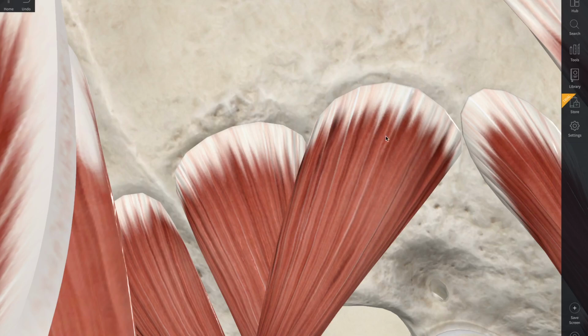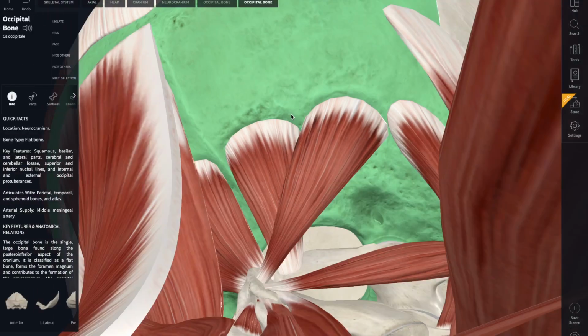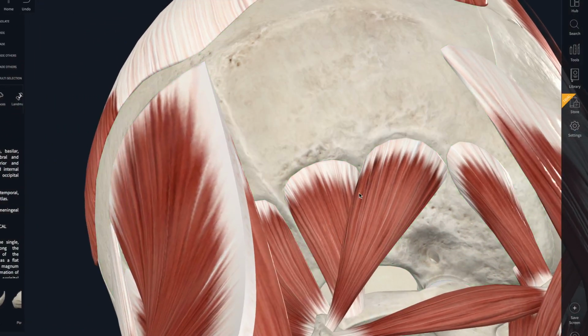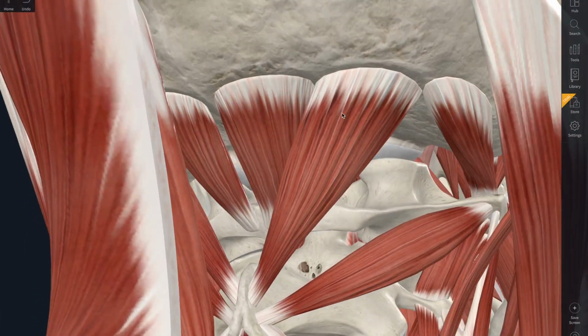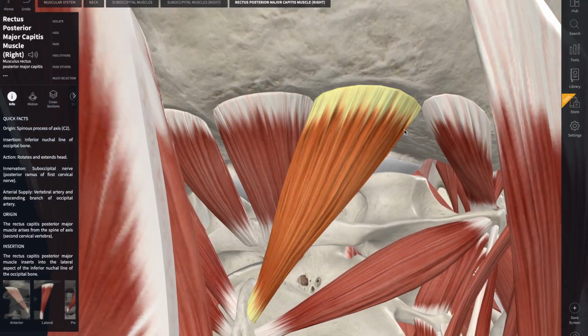If they're attached to the inferior nuchal lines, we will call them the rectus, and we will add capitis, because this is the skull. So rectus capitis, and this one is posterior major.